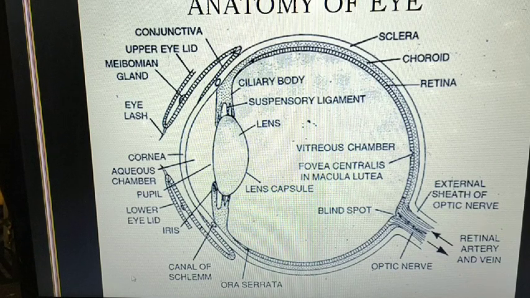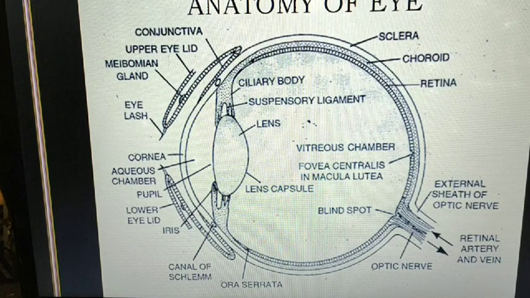And canal of Schramm is present at the junction of the sclera and the cornea to drain the aqueous humor, which is continuously produced and then into the blood. And it allows the light to pass into the eye.